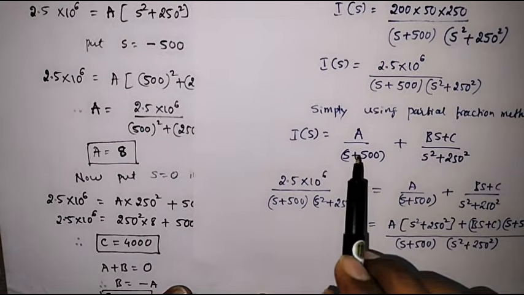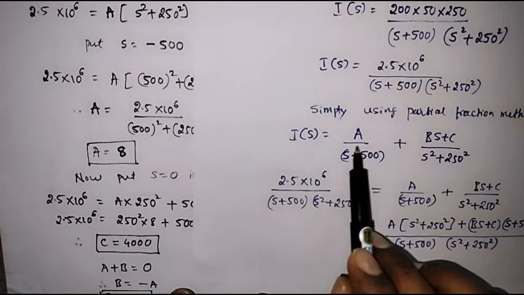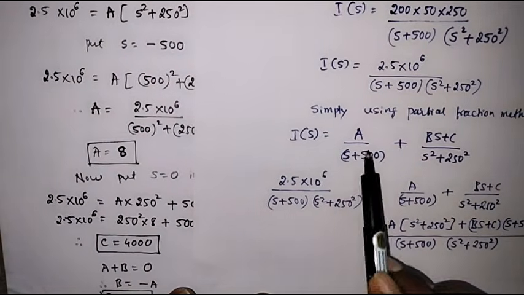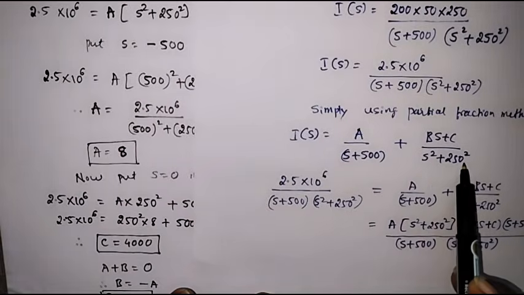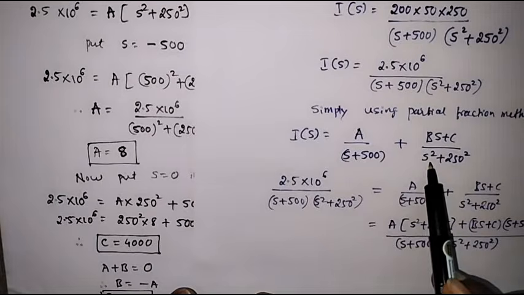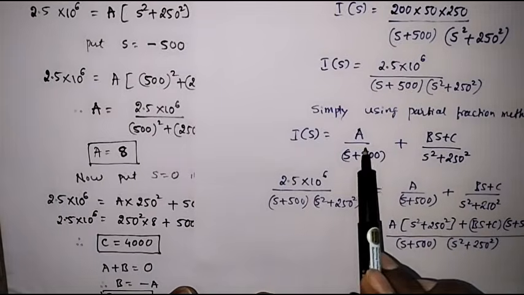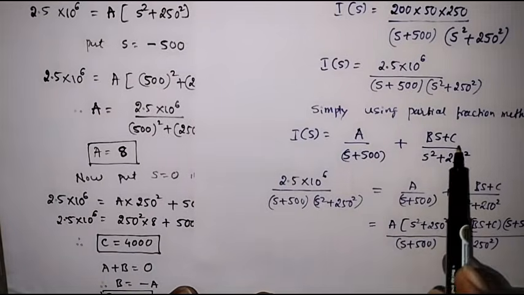So now we will represent I of s in this form, that is a divided by s plus 500, bs divided by s square plus 250 square plus c divided by s square plus 250 square, as we have found the values of a, b and c.